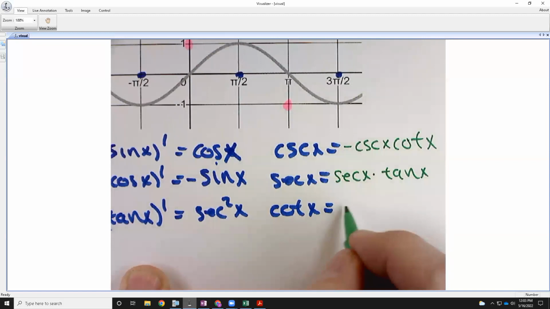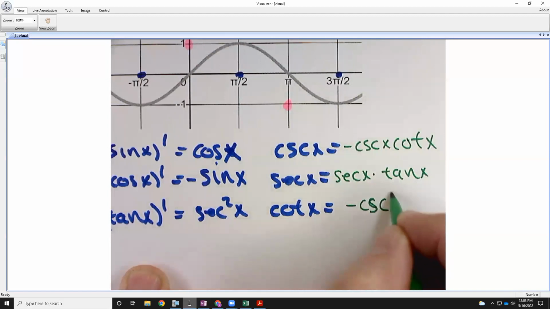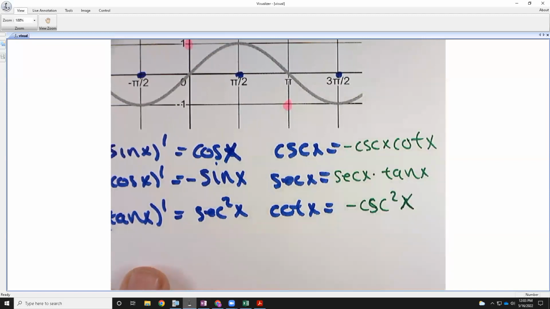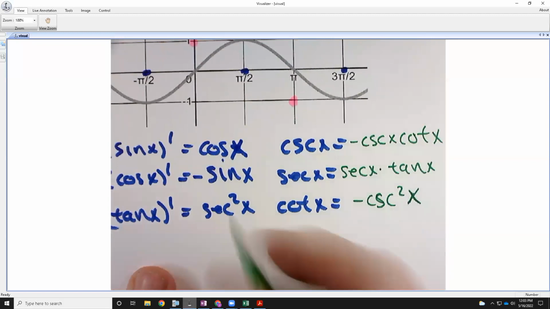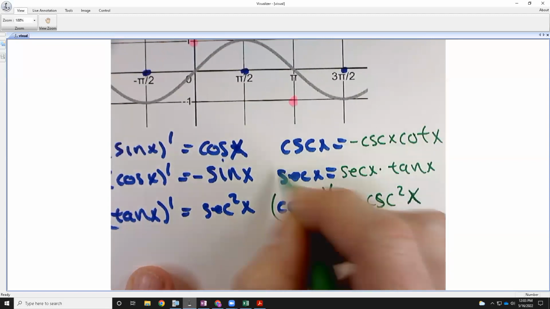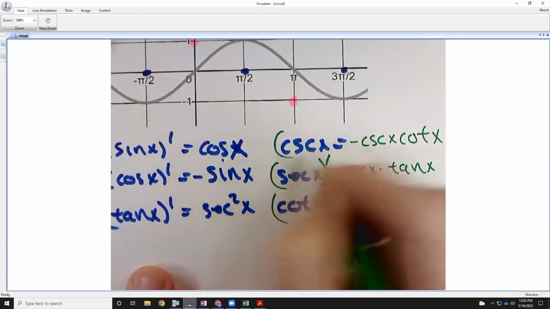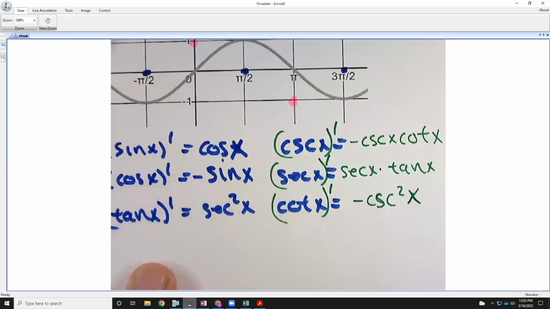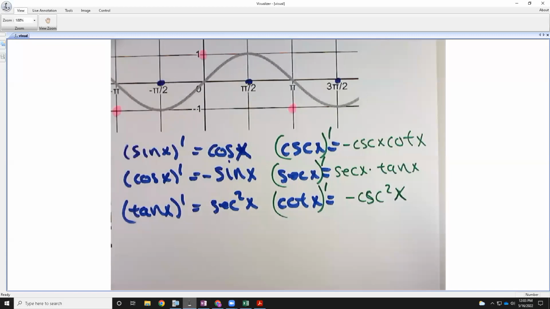And the derivative of the cotangent is minus cosecant squared. Yeah, I think I should do that. Prime, prime, prime. Thank you. Yes. So there's your 6 basic trig derivatives.